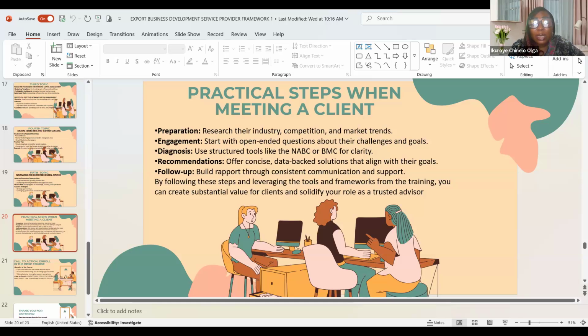They need to follow these steps to leverage the tools and frameworks from the training. So what the BDSP does is follow up. So far as you've engaged the BDSP, they will handhold you till there is success. You see success in what you have complained about. When there's no success, they will say, okay, why don't we strategize and change the product or something? But there has to be success.